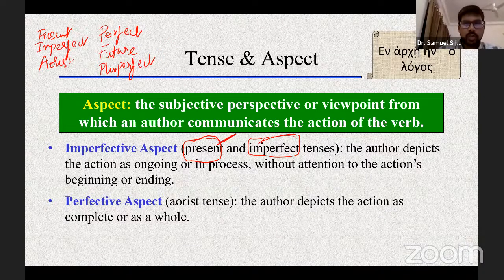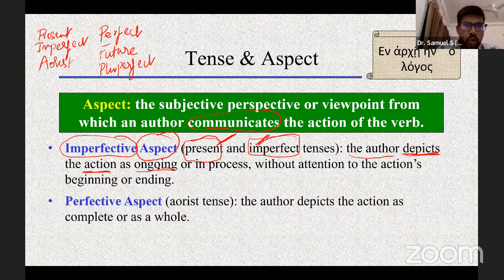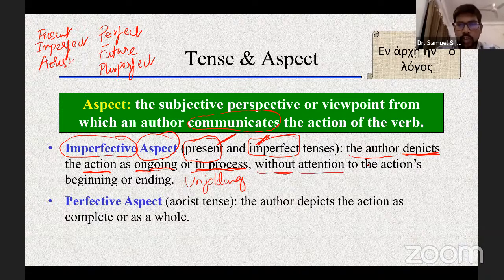These 2 tense forms, present and imperfect, communicate an imperfective aspect. What does that mean? Means that the author now depicts or communicates the action as ongoing or in process. Another word you can think about is unfolding, without attention to the action's beginning or ending.